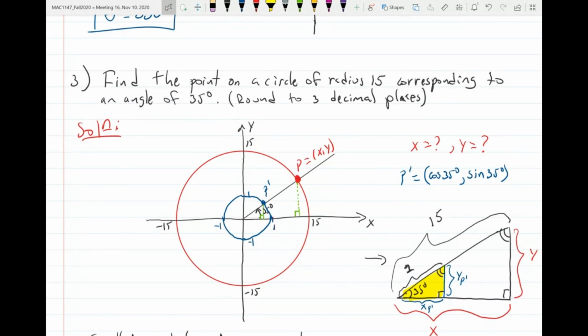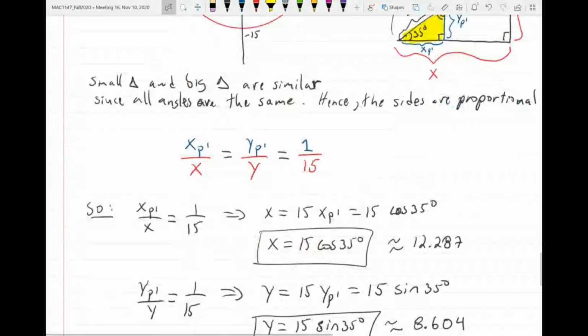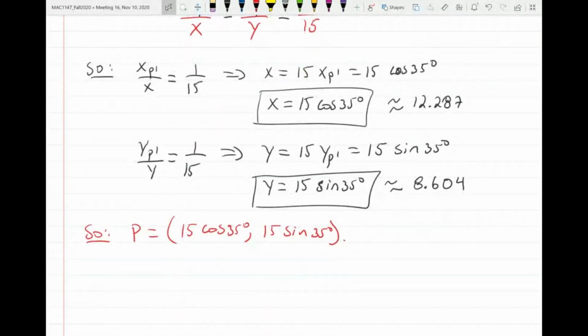But what if you have a circle that's not the unit circle, like this one, a circle with radius 15? How do we calculate the coordinates of the corresponding point? Well, what you can see here is that 15 is the radius. You can always play this business of similar triangles, and it will always come out that the x value is the radius times the cosine, the y value is the radius times the sine.